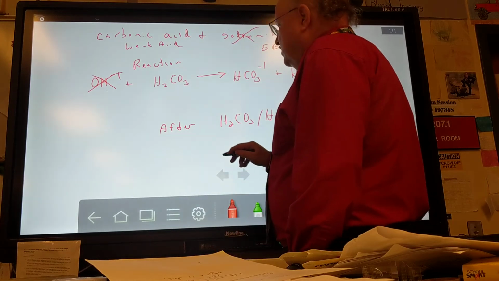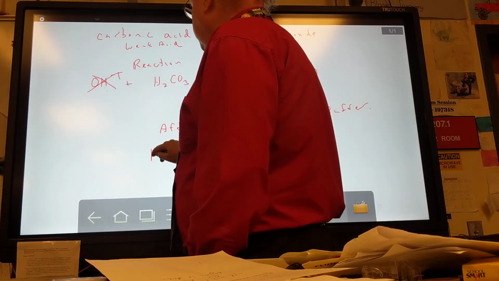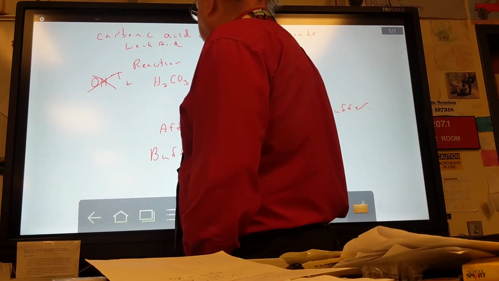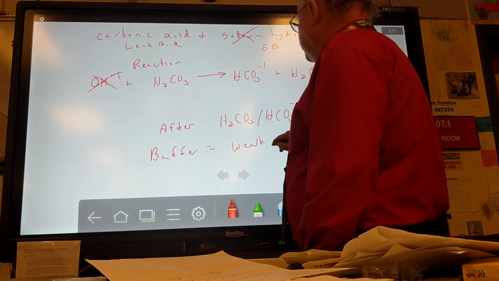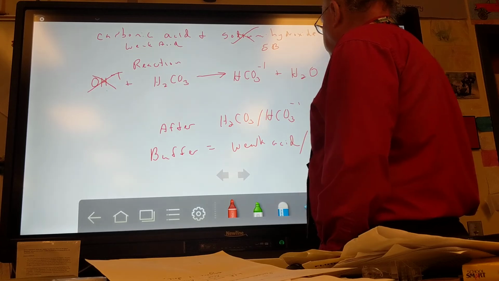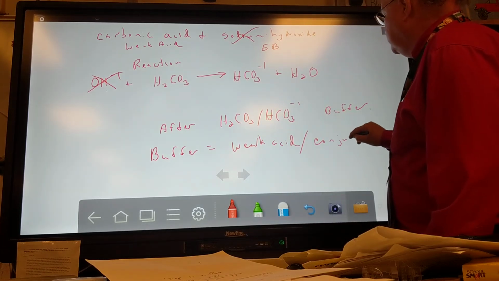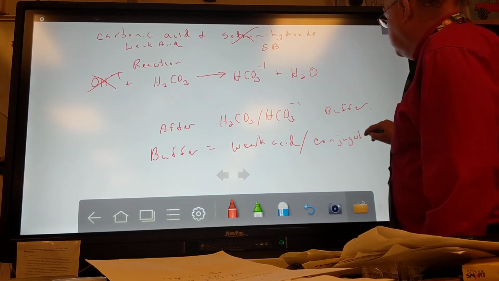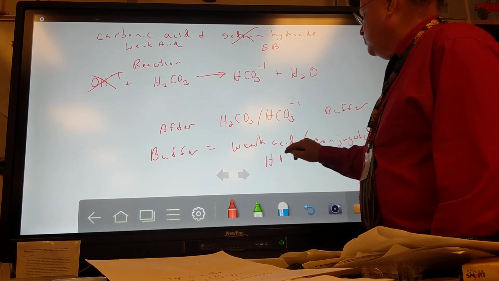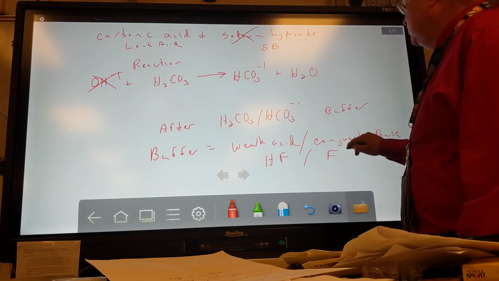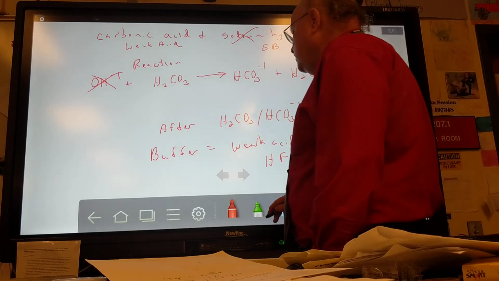So anyway, your buffer, two types. Always a weak acid and it has to be its conjugate base. So example, hydrofluoric acid, conjugate base, fluoride, okay?